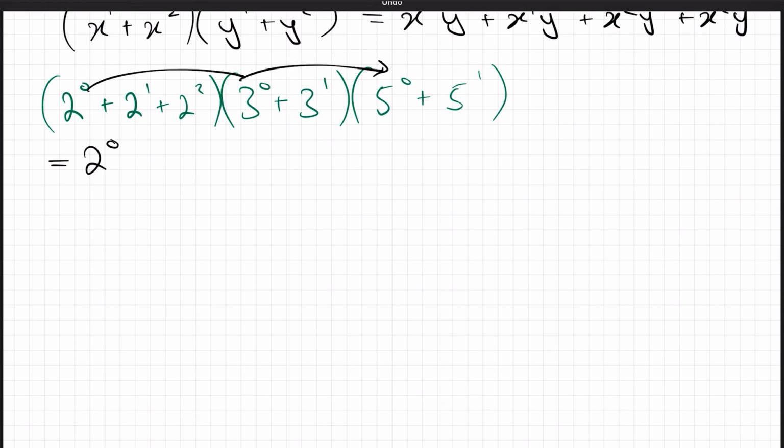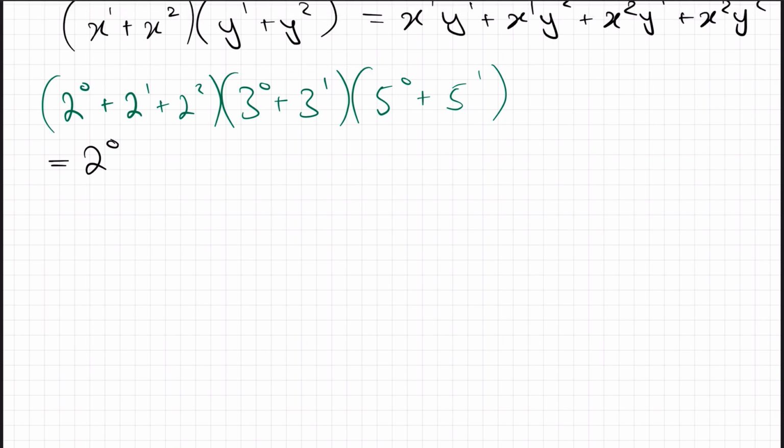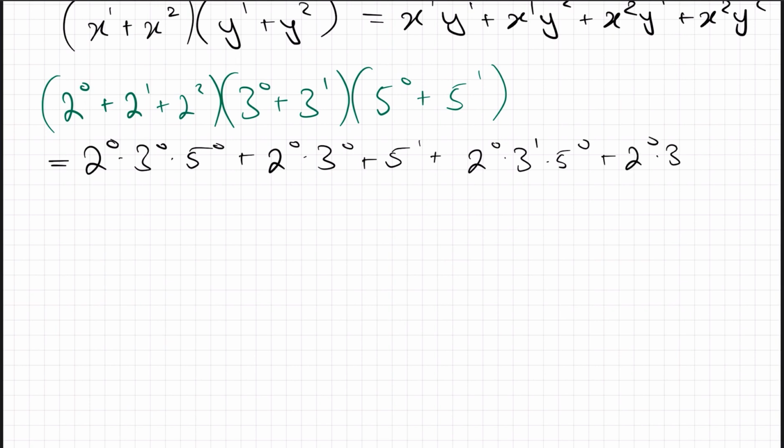So we go 2 to the 0 times 3 to the 0 times 5 to the 0, plus 2 to the 0 times 3 to the 0 times 5 to the 1, plus 2 to the 0, 3 to the 1, 5 to the 0, plus 2 to the 0, 3 to the 1, 5 to the 1. And then we do the same thing, but with 2 to the 1, 3 to the 0, 5 to the 0, and just continue this on.